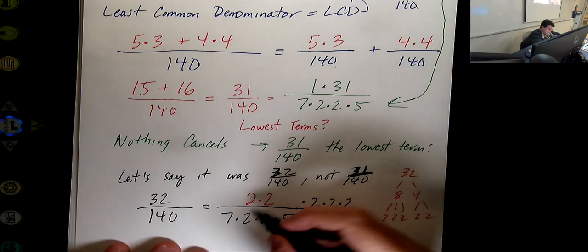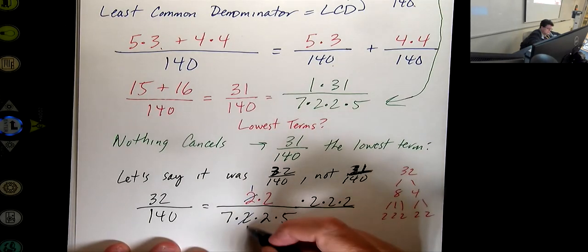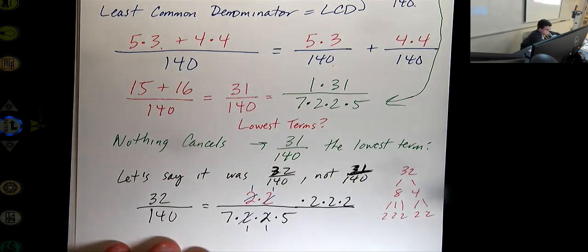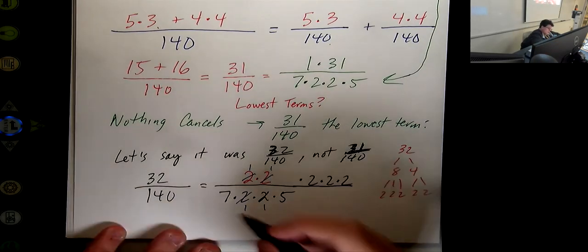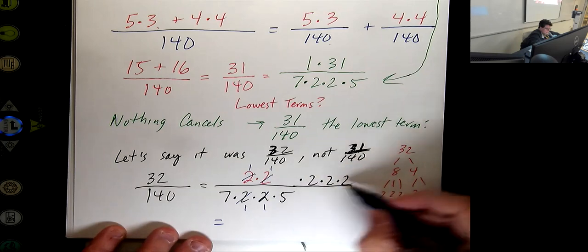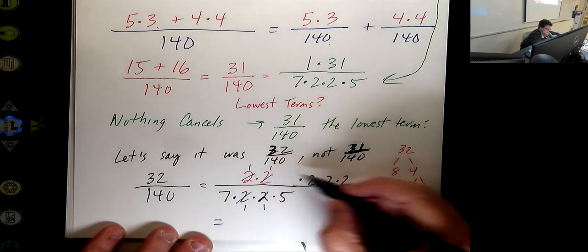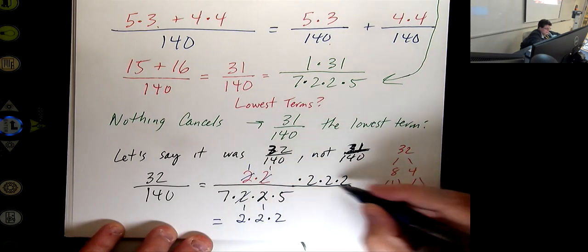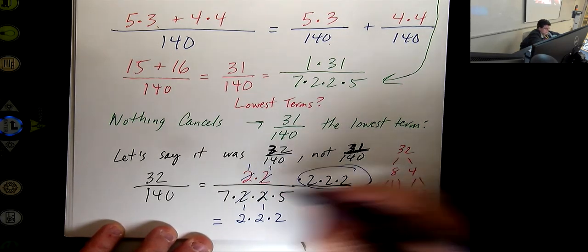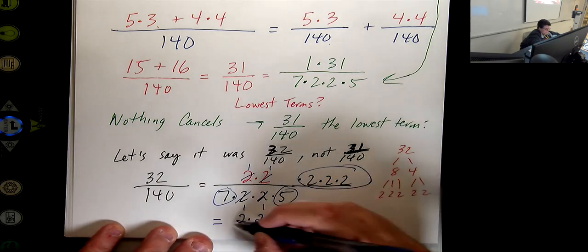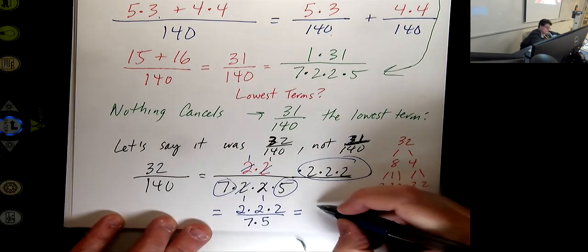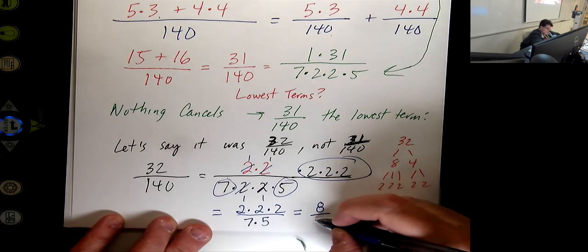These two will cancel together, leaving ones. These two will cancel together, leaving ones. What I'm left with on top, I can ignore the ones as long as there are other numbers present. I have 2 times 2 times 2 left on top. On the bottom, I have the 7 and the 5. So 32 over 140 simplifies to 8 over 35.